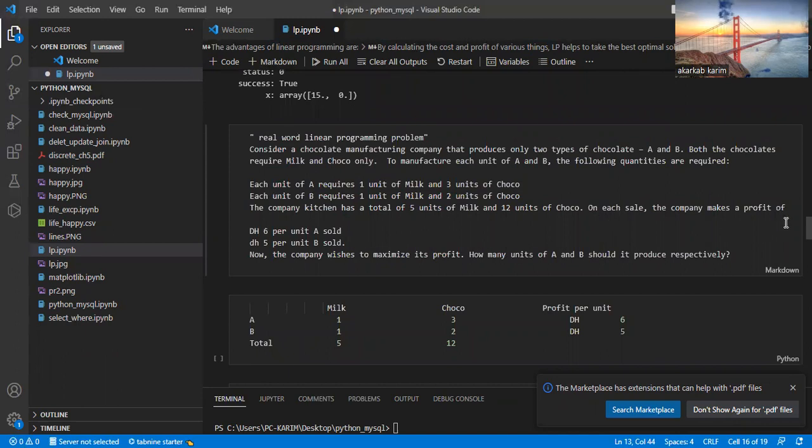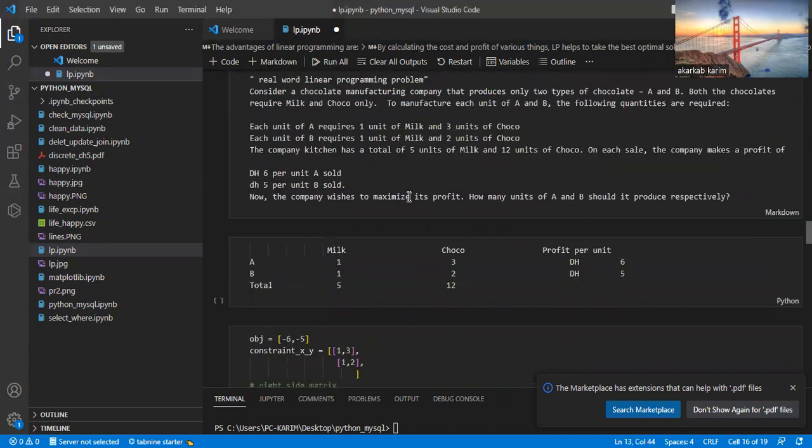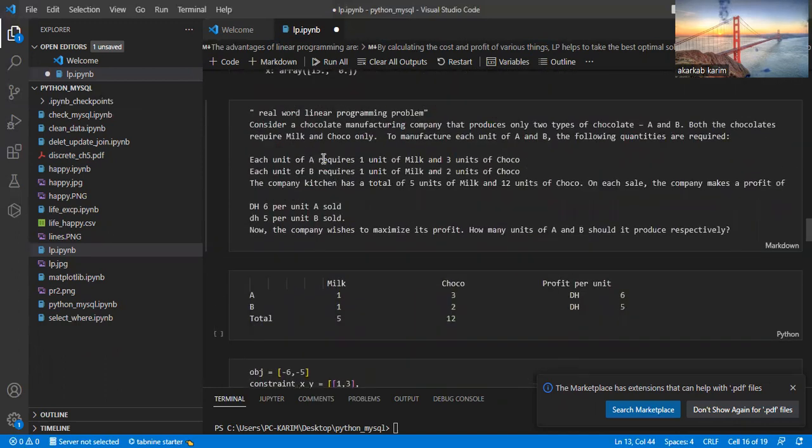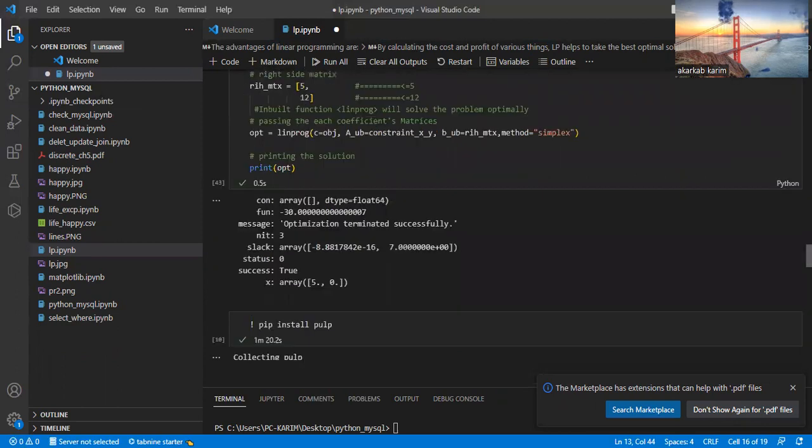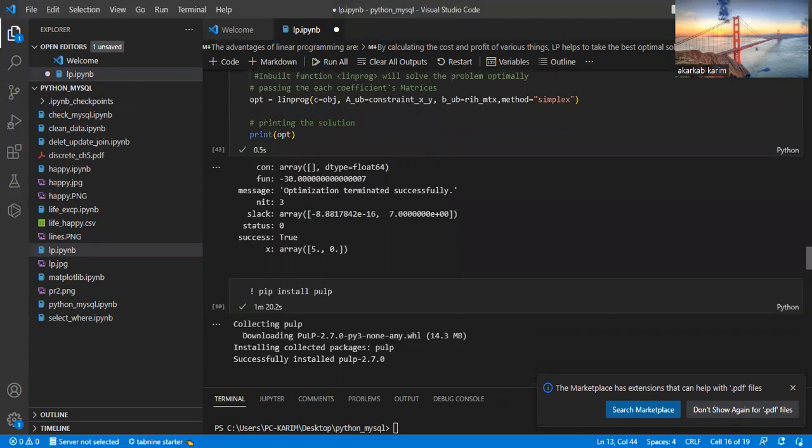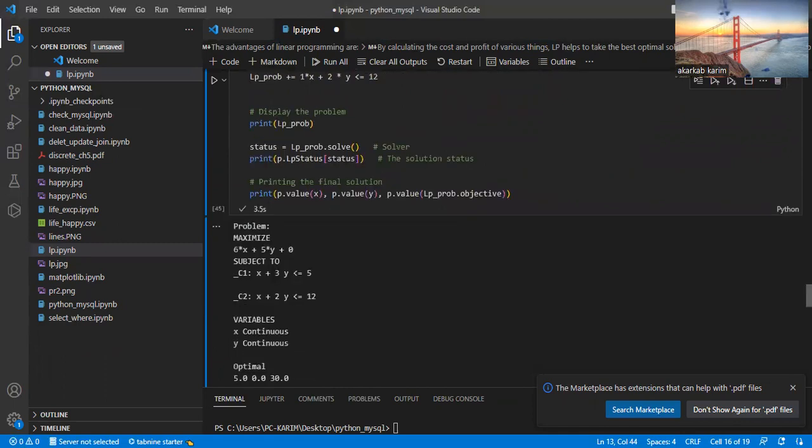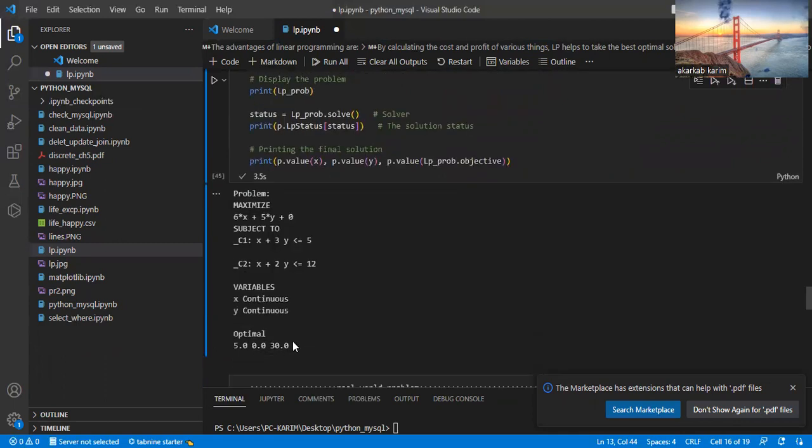So the best combination to maximize our profit is to create just 5 of type A. We cancel type B. We just produce type A. Okay, so I get the same result here.